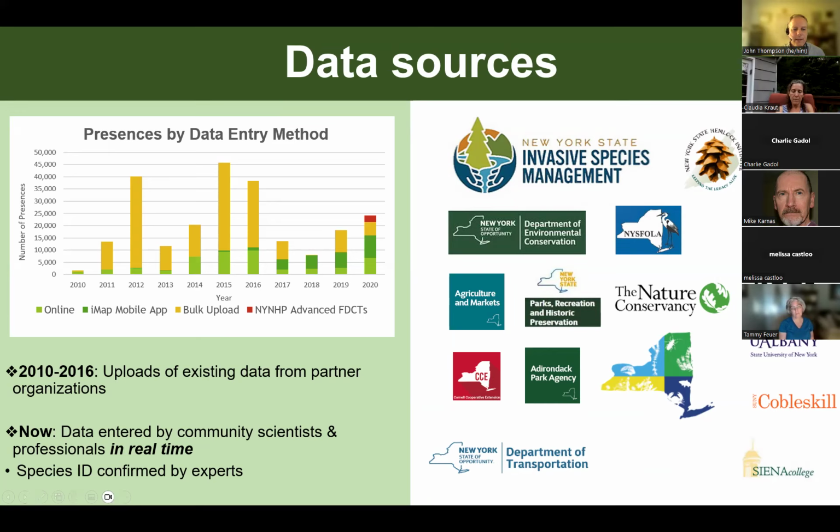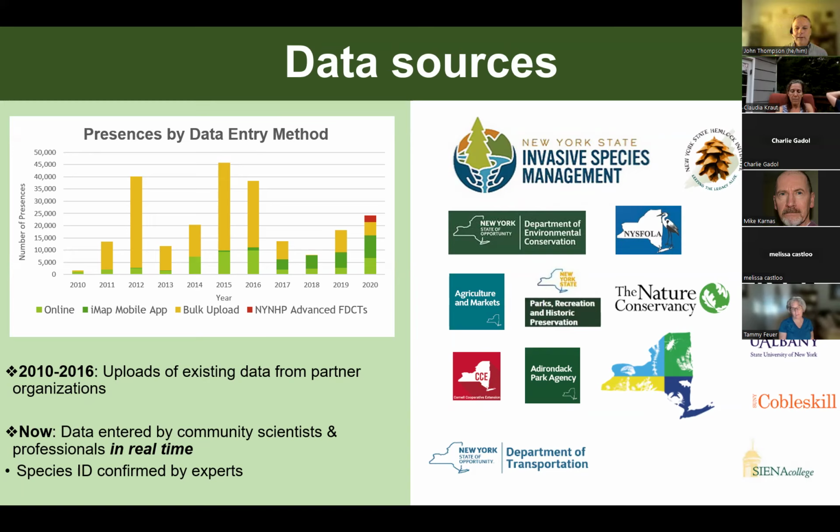For each record, the species is confirmed by someone. So it's really important that you take good photos of the characteristics of whatever species you're looking at. Someone then confirms that you got the species right by looking at your photos and maybe other information you entered in the notes.